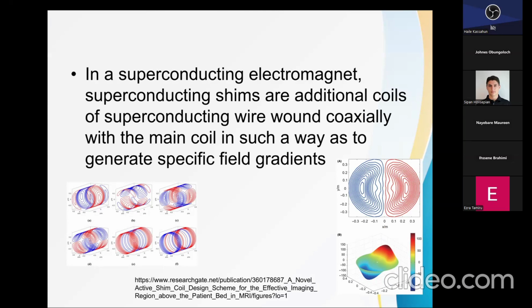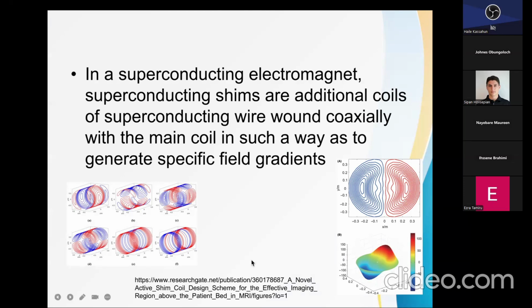If you look at, for instance, a superconducting electromagnet, the superconducting shims are additional coils of superconducting wire that are wound coaxially with the main magnetic field. You can see an example here. On one side you generate a relatively high magnetic field, and on the other side you generate a very low magnetic field.